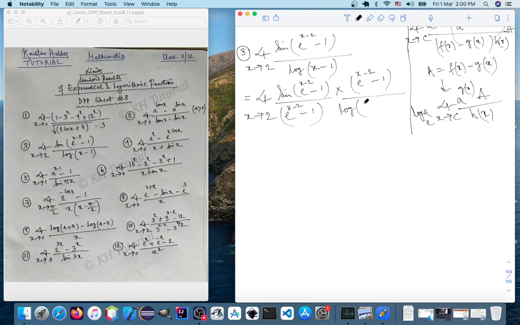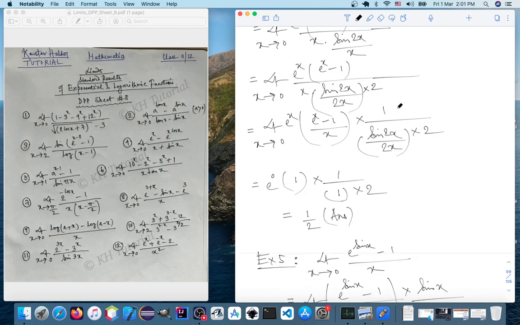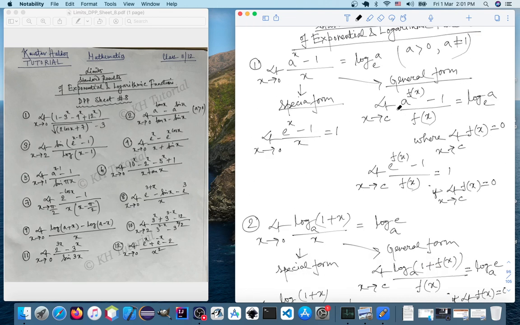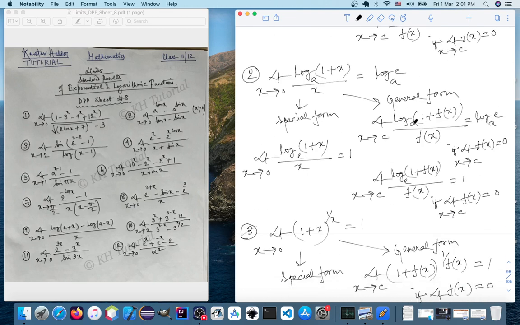We will write it as log of 1 plus x minus 2. So we get the form log of 1 plus x, but instead of x, we have a function which is here x minus 2. So in the general form we discussed in the previous video, log of 1 plus f(x) by f(x), as x tends to c, is log e to the base a if f(x) tends to 0 when x tends to c.